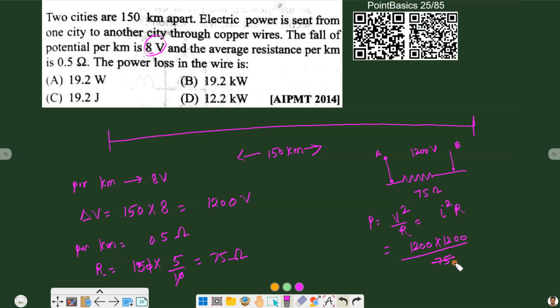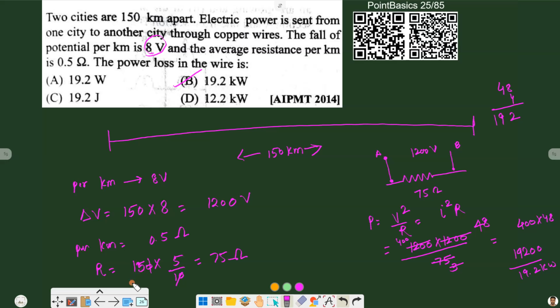It will go 25 into 3 is 75, and this will be 400 into 48, and if we multiply, 8 4s are 32 and 4 4s are 16 plus 3 is 19. So it will be 19200 or 19.2 kilowatt. That is option B, the right answer.